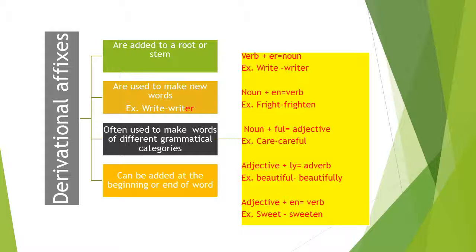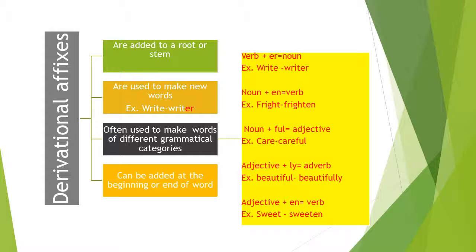For example, if we add the suffix er to a verb, from the verb write, we add the er at the end, and it becomes writer. So from a verb with the suffix er, it becomes a noun.